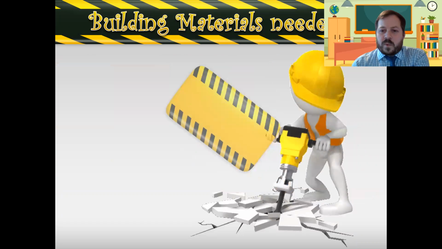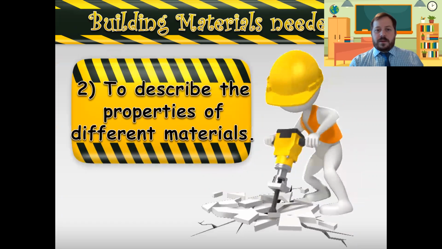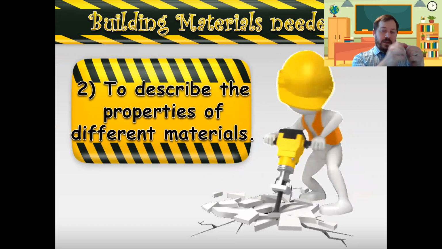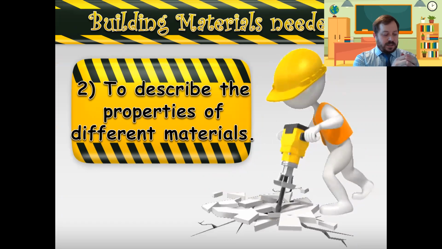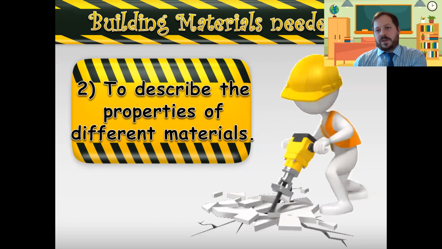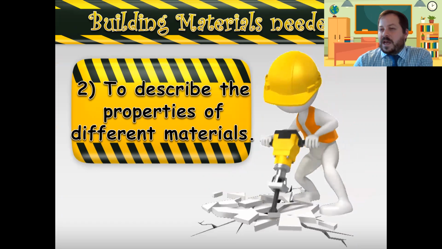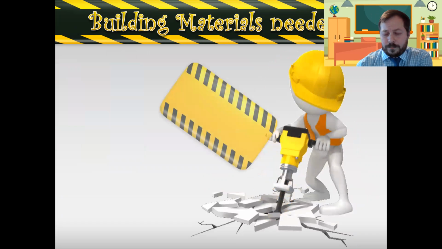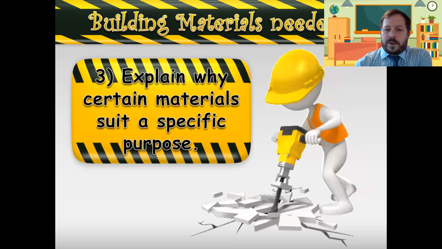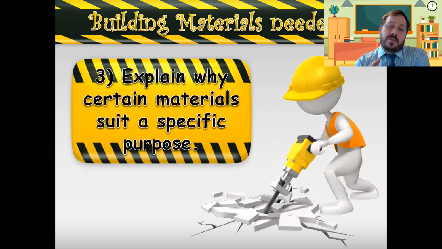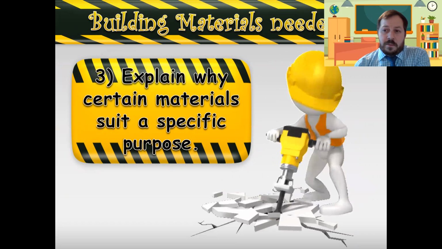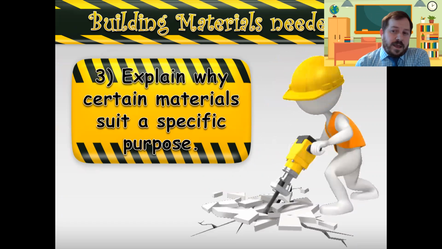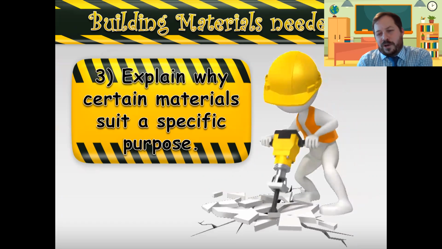Secondly, we're going to look at needing to describe the properties of these different materials, linking those properties and the names of those properties to different materials and which ones have what property. And finally, we're going to explain why certain materials might be suited for particular purposes: which of those properties mean that they're good at doing the job they are currently doing.